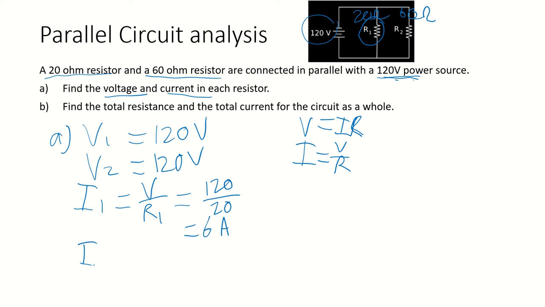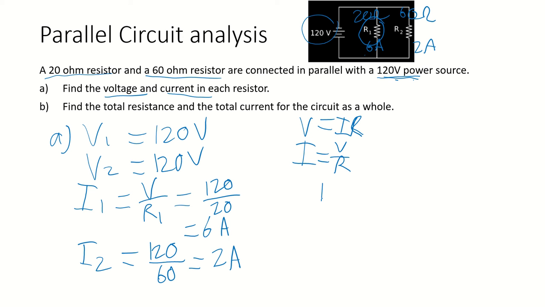And if we want the current flowing through the second resistor, it's just going to be the 120 divided by 60 ohms, which is going to be 2 amps. So we have 6 amps and 2 amps. We have more current flowing through the lower resistance loop, which makes sense. Current's going to want to flow through the loop with less resistance.